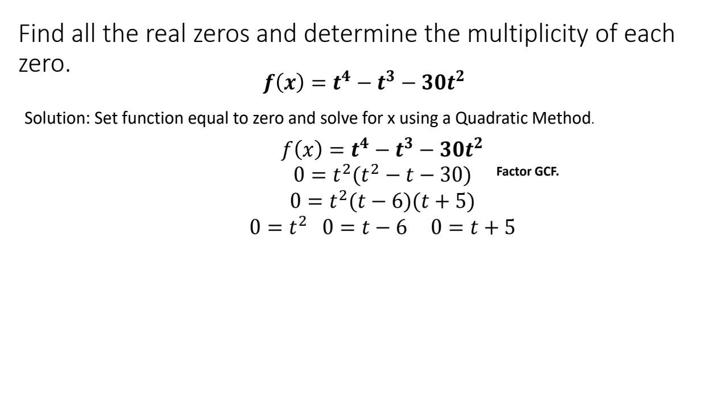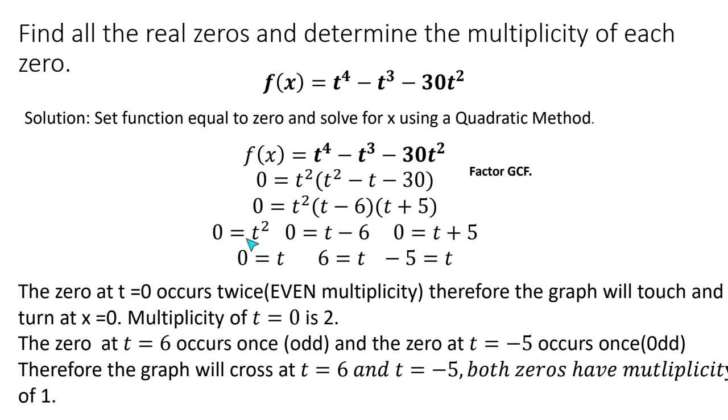So I can set each of these equal to 0. I have 0 equals t squared, 0 equals t minus 6, and 0 equals t plus 5. If I solve for t, I get t equals 0, t equals 6, and t equals -5. Be careful when you're looking at 0 equals t squared.